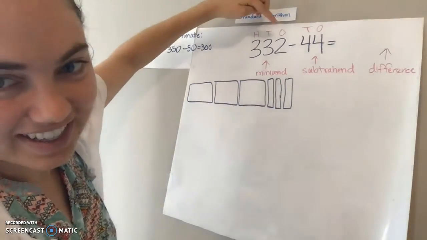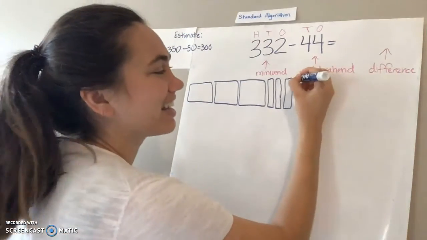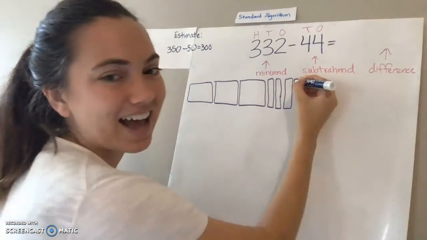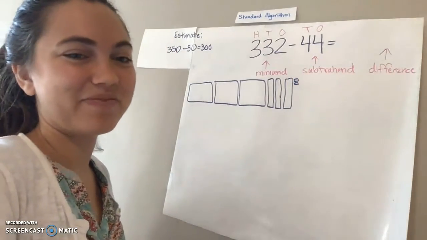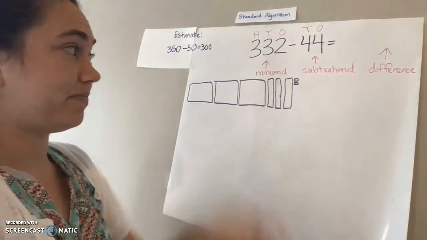How many ones are in my minuend? 2 ones. How do we represent those? 2 little squares. Okay. Now we are supposed to be taking away 44.